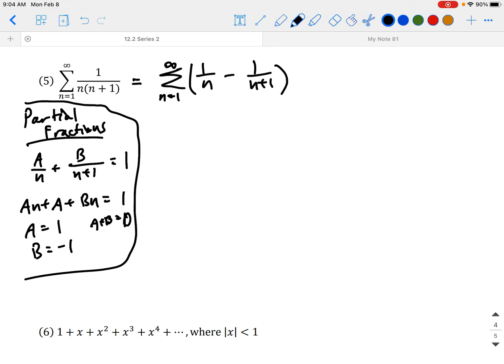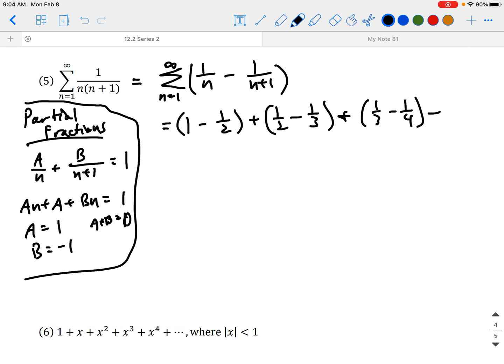But we can write it out and see if we can figure out what this is going to look like in its expanded form. So if I start writing out terms of this series, we'll have 1 minus 1/2. So note that's our first term. And then we'll have 1/2 minus 1/3, and then 1/3 minus 1/4.